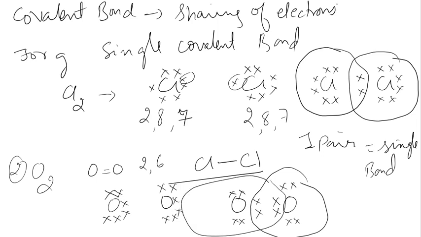So it will form O double bond O. There is a double bond between oxygen. Clear? Next, I am taking the example of triple bond N2. It is a very simple concept.